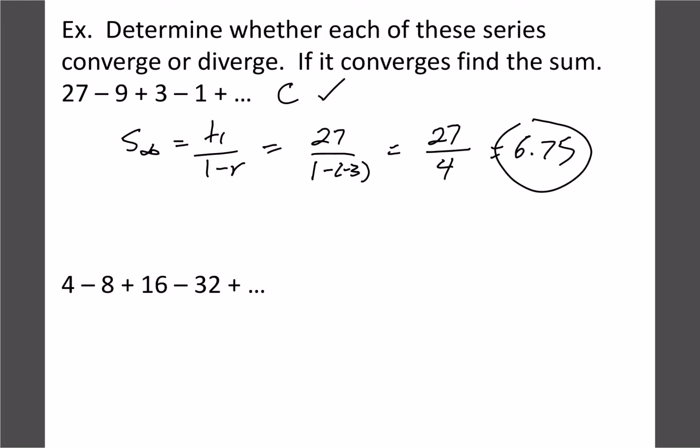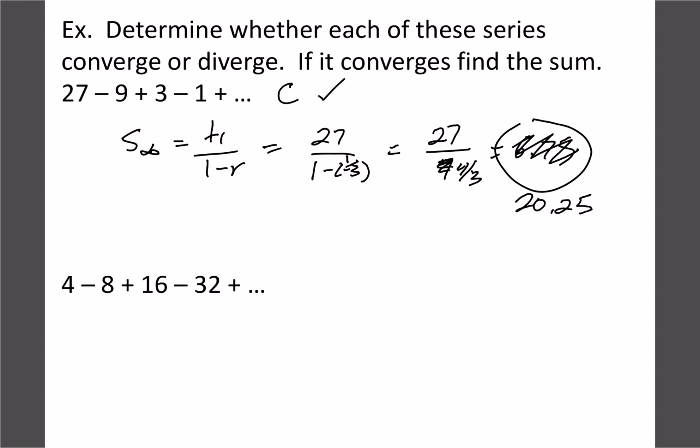And I messed up again. We were dividing by 3, so it should have been 1/3, not 3. So 1 minus negative a third would actually have been 1 1/3, or 4/3. So if we go 27 divided by 4/3, we get 20.25.